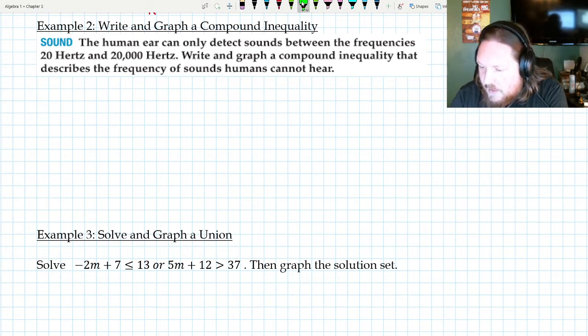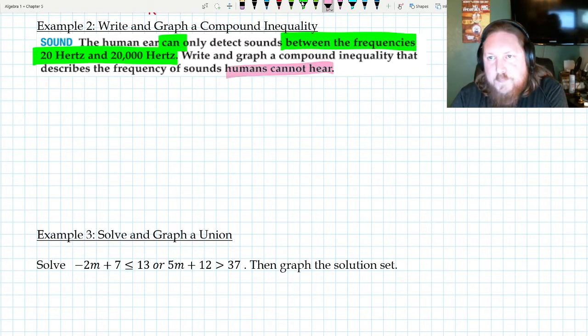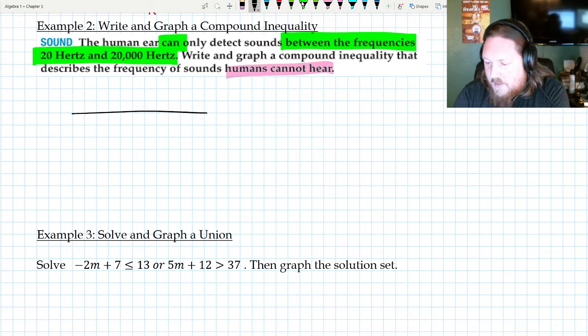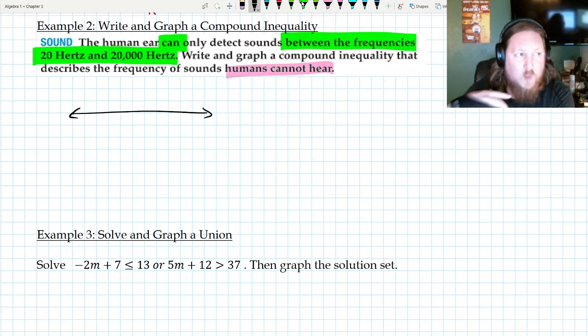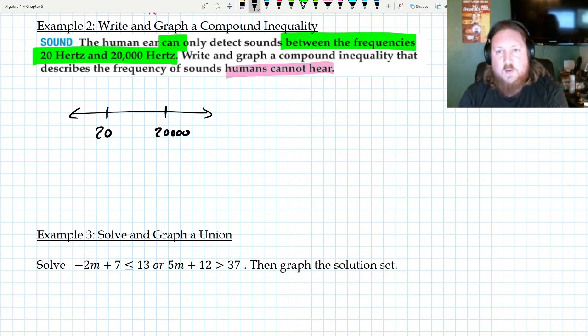So they can hear between these, but I want to say what they cannot hear. Well, the number line for this is pretty easy, because I'm obviously not going to draw out 20,000 little tick marks, but 20 is definitely less than 20,000. So I just need those two numbers there.